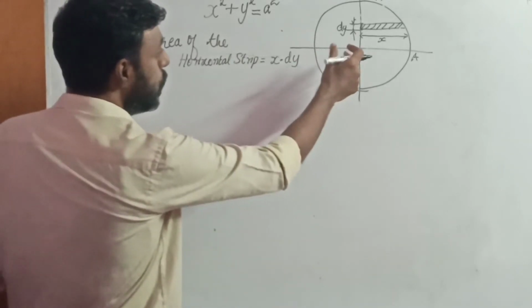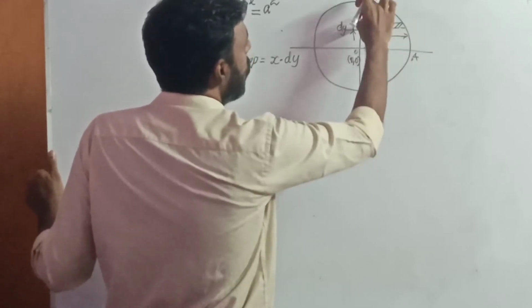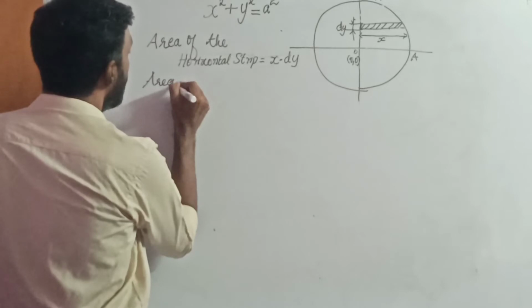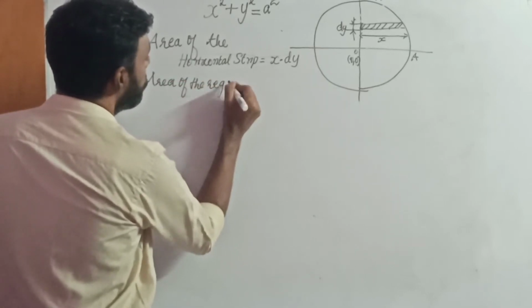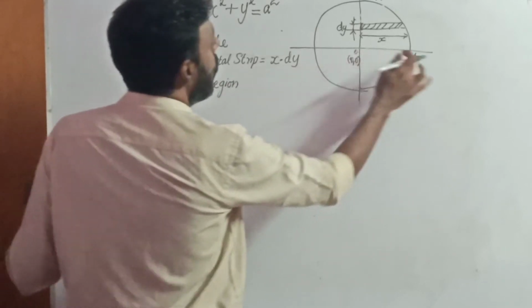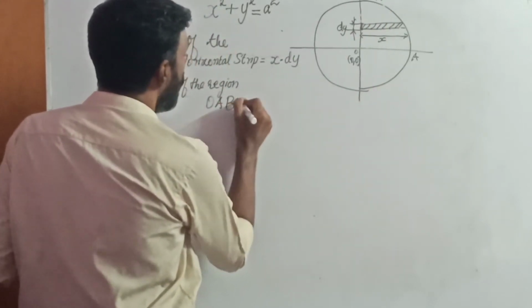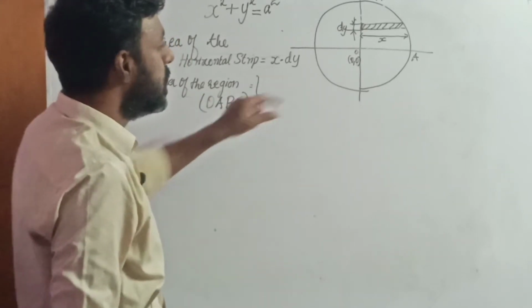Now what I'm going to do is calculate the area of the region OABO. What will be the area of the region?